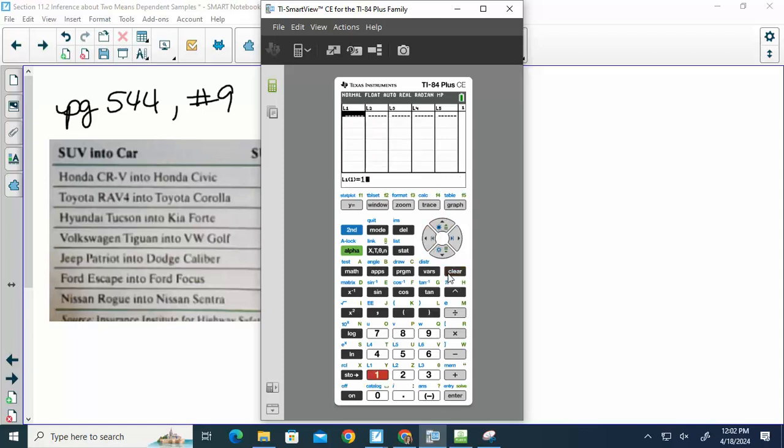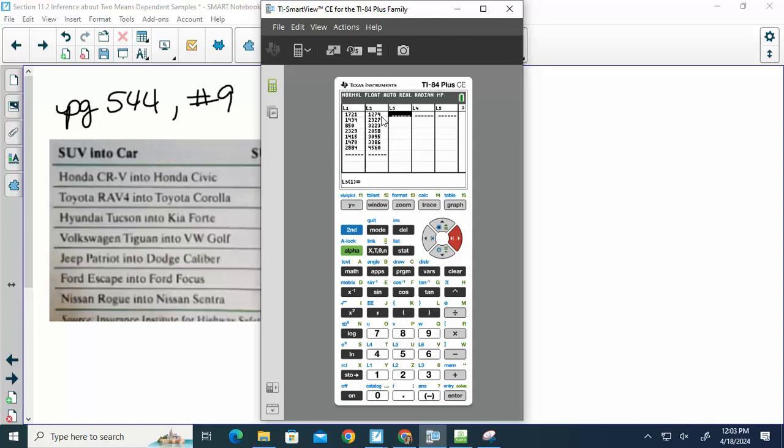All right, and it is important, these are pairs, so you have to make sure you put them in order. Okay, and then what do I need to do at this point?